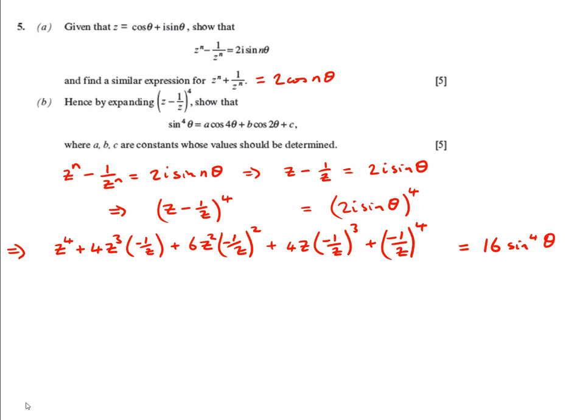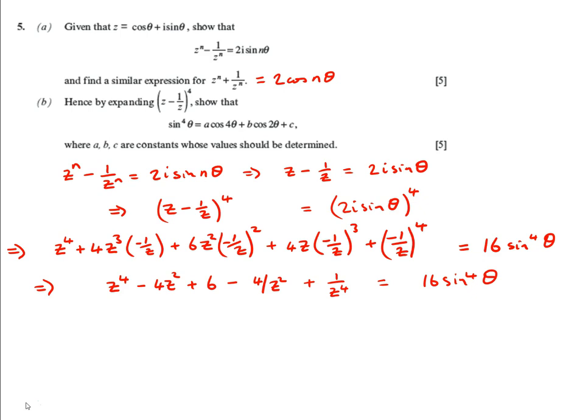Tidying up the left hand side, we get z to the 4 minus 4z squared plus 6 minus 4 over z squared plus 1 over z to the 4. Just take care with all the signs there. So we've got z to the 4 minus 4z squared plus 6 minus 4 over z squared plus 1 over z to the 4 is 16 sin to the 4 theta.